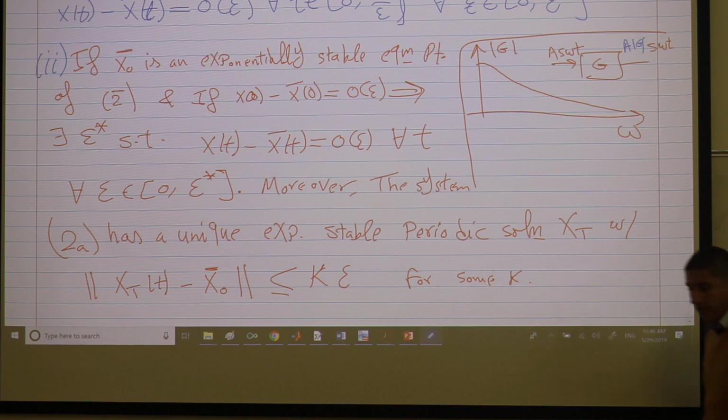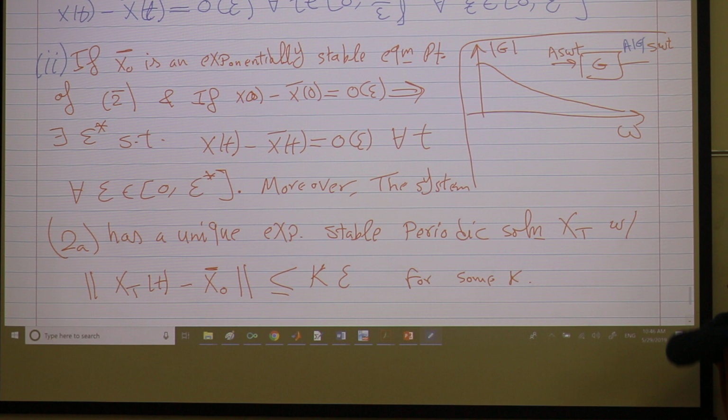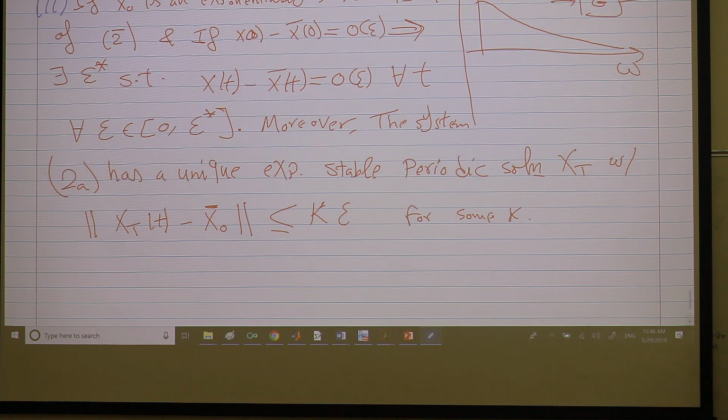So I'm orbiting around the equilibrium point of the average dynamics. Let's recap here.